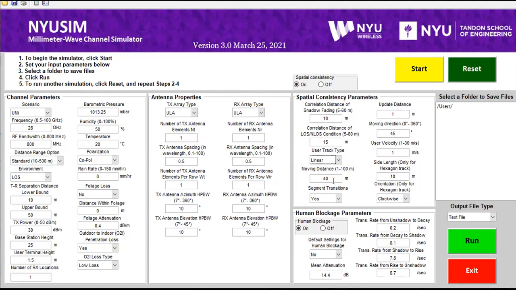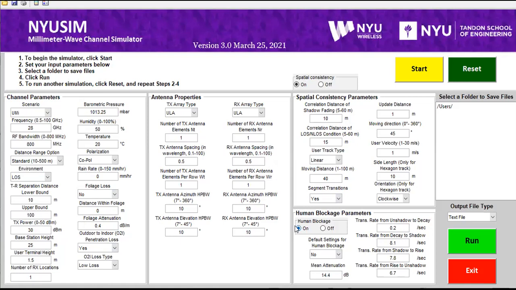Moving distance, how much the user moves. 40 meter. Well, let me check here. If we set it to 100, it doesn't change itself, right? Okay. When it is set to moving 40 meter, the user will cover a range of 40 meter.